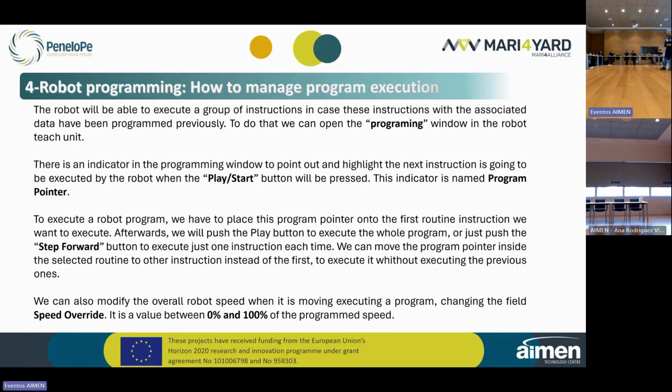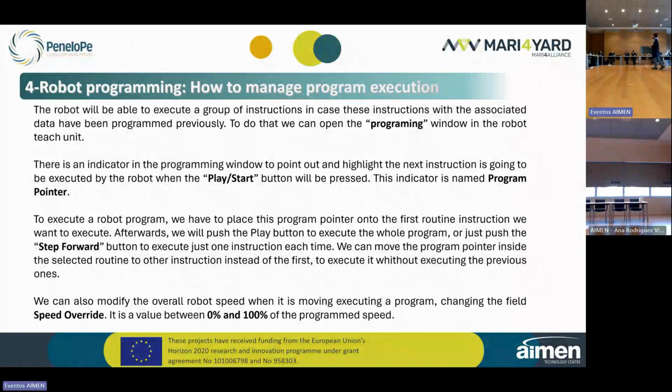instruction. So we can modify the overall behavior of the robot when it executes a robot program. Okay, so we can select 100% of the programming speed, or we can select down to 0% of the programming speed.